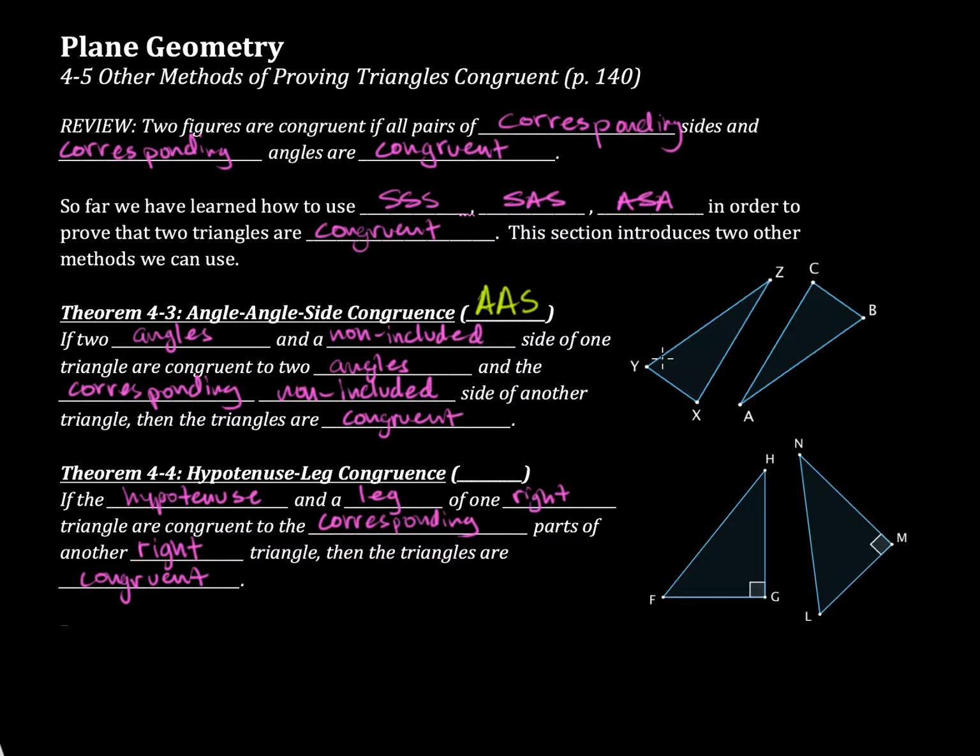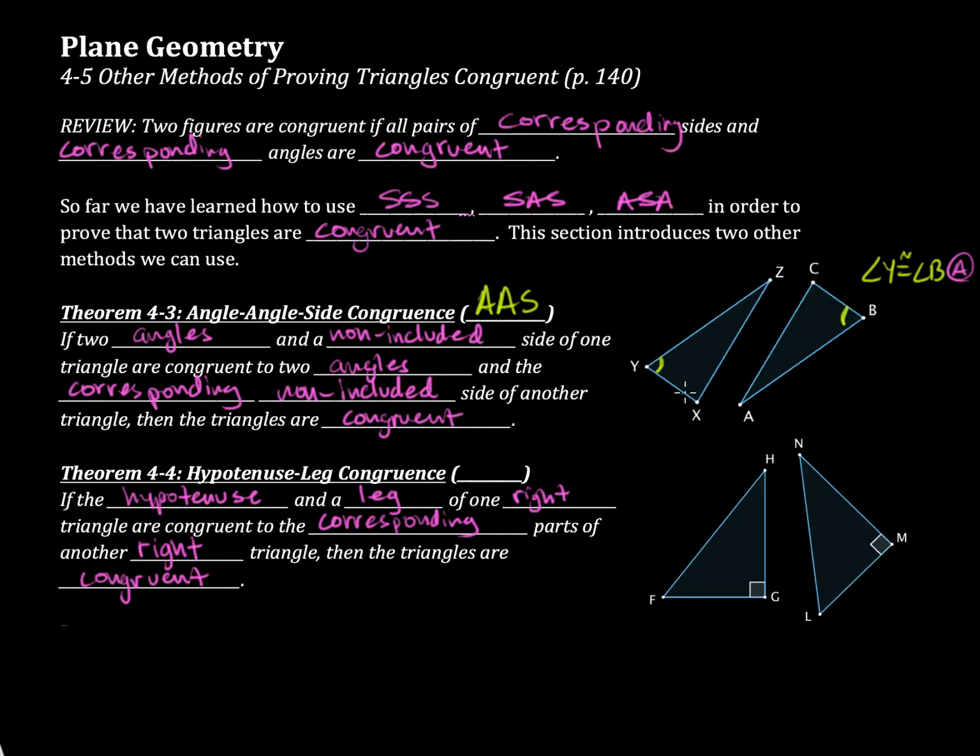Let's imagine that angle Y is congruent to angle B, right? So angle Y congruent to angle B, that is one pair of angles for these two triangles.